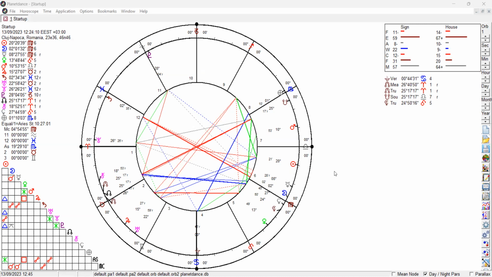And why are they social planets? Because it's not just us, neither Jupiter nor Saturn, it's also us and the rest of the world, the rest of the human collective, past, present, and future, let's say.